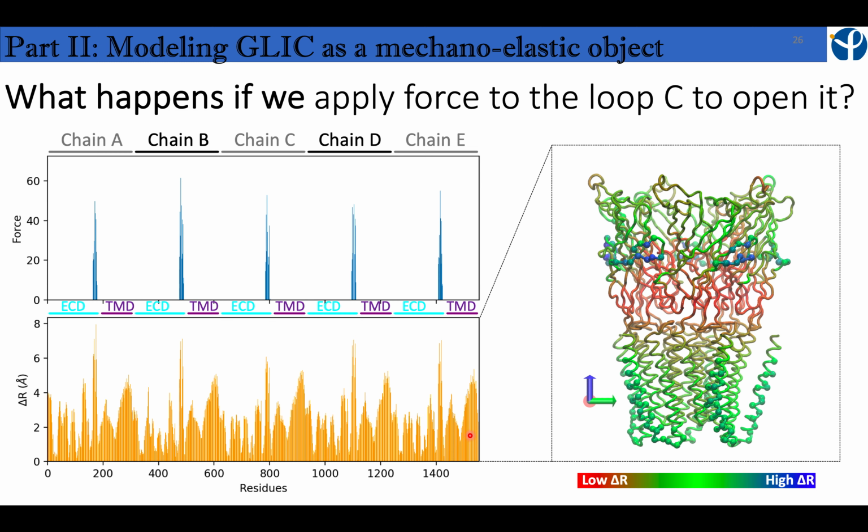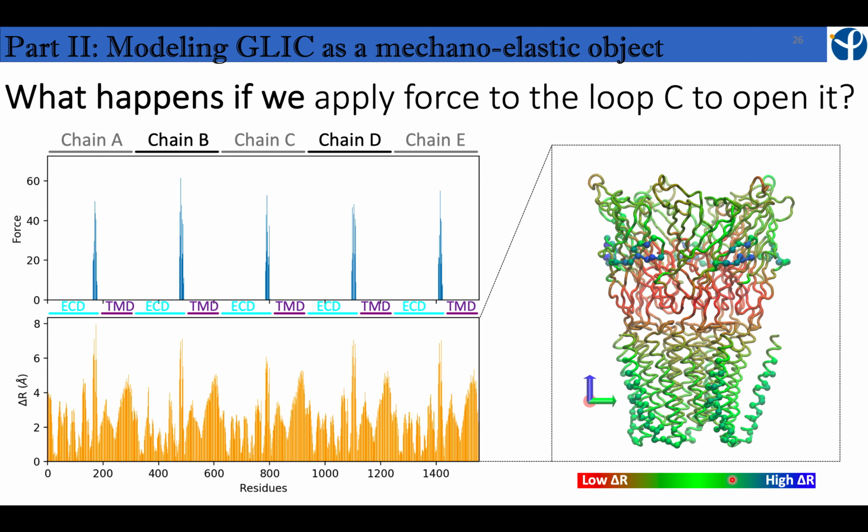Now we projected the response, not the force, onto the protein structure. As you can see, when you apply a force, the biggest response is on the local part, but you can see a response in the TMD also.